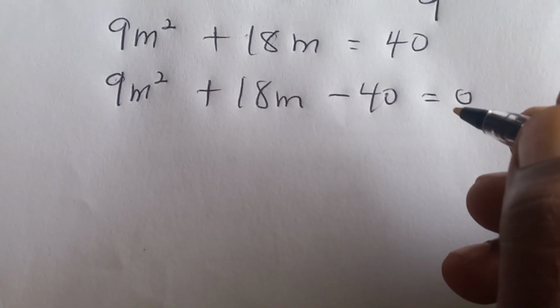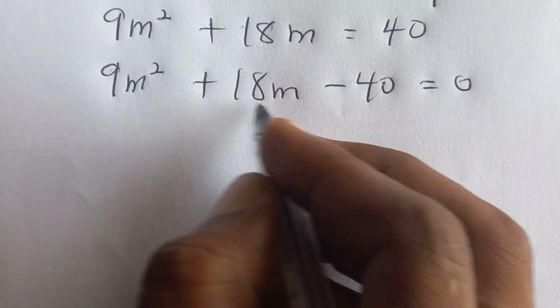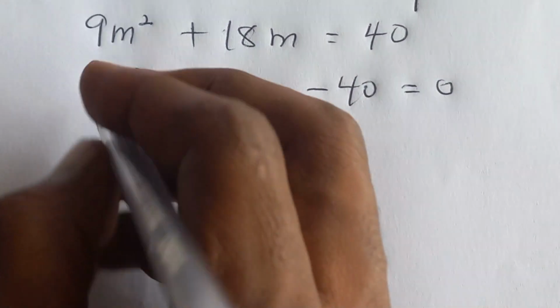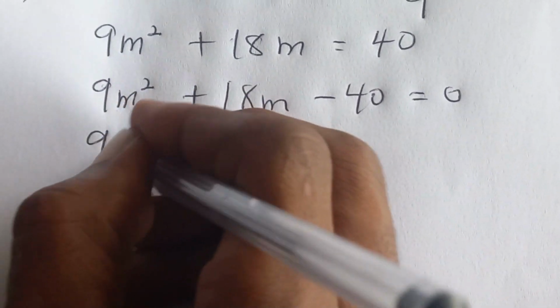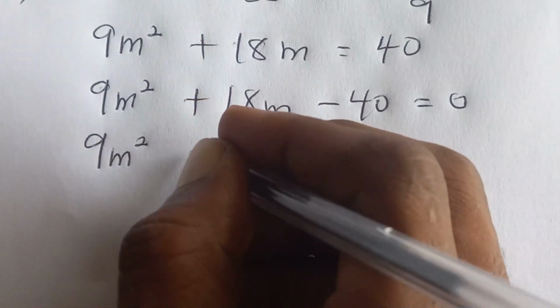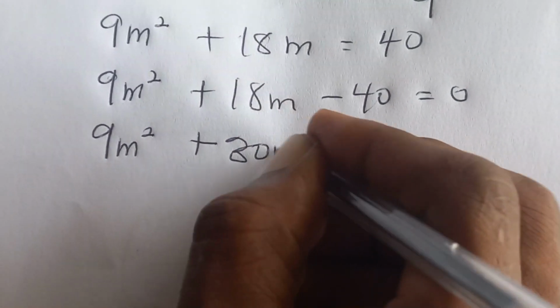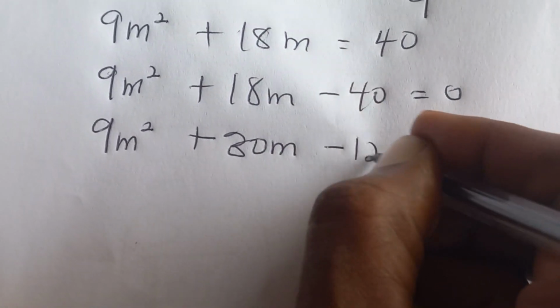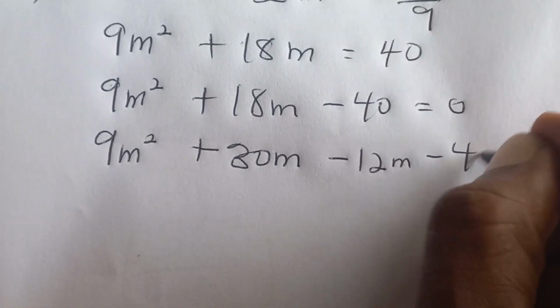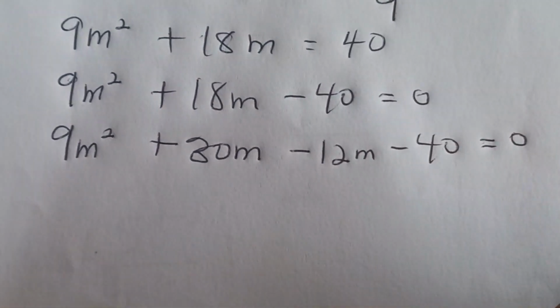Okay. So now this 18m here, you can express it as 9m squared plus 30m minus 12m minus 40, which is equal to 0.